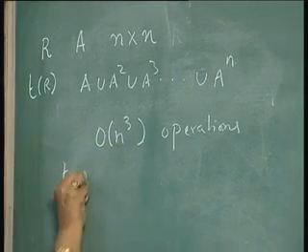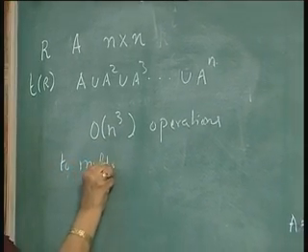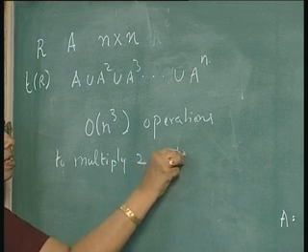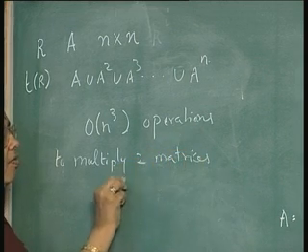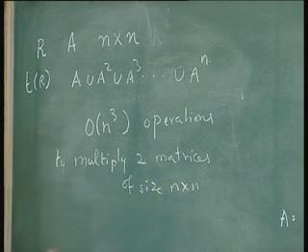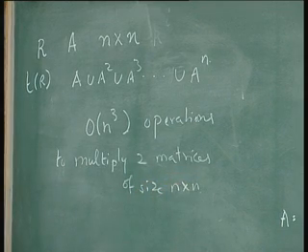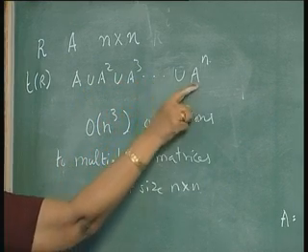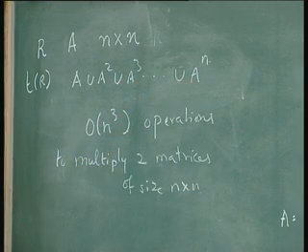To multiply two matrices of size n by n, like that you are multiplying once, twice, thrice, n minus 1 times actually.